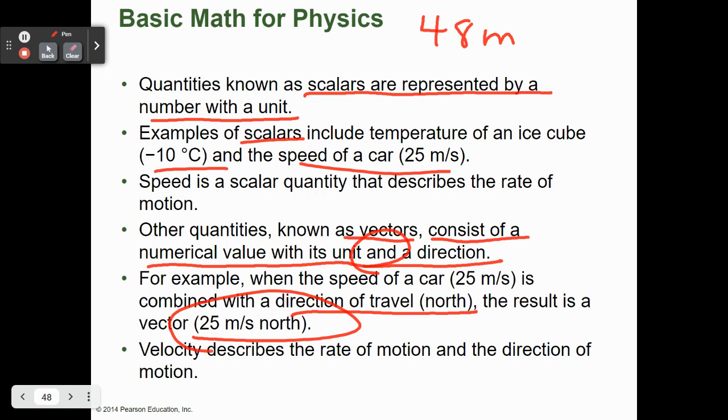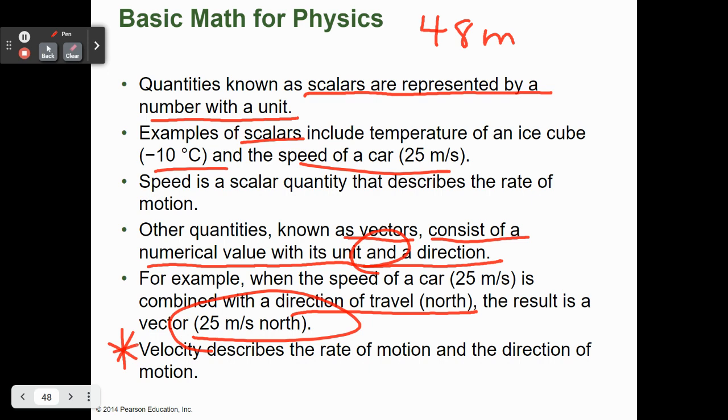Velocity, you might want to make a note of this because a lot of times people get this confused. Velocity is a vector quantity. Speed is a scalar quantity. Velocity tells me how fast I'm going and in what direction, but speed just tells me how fast I'm going.